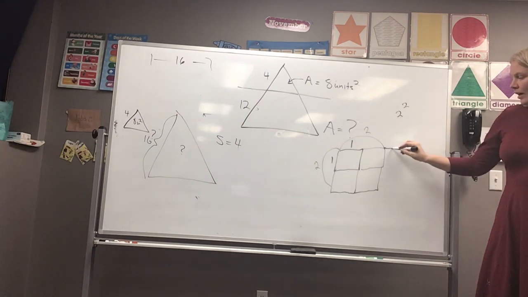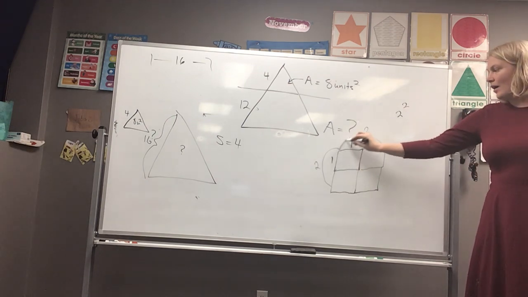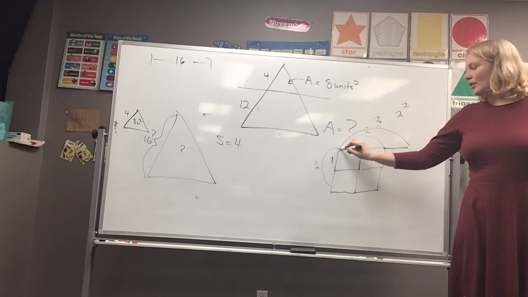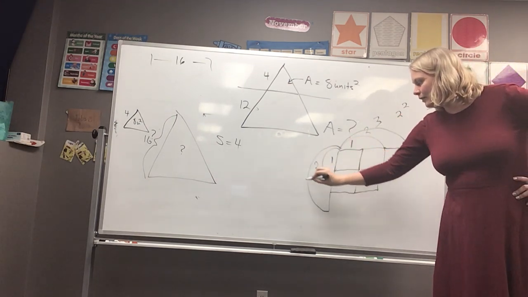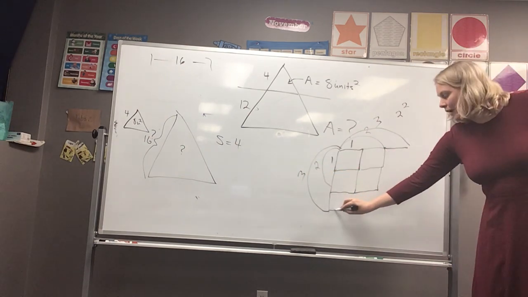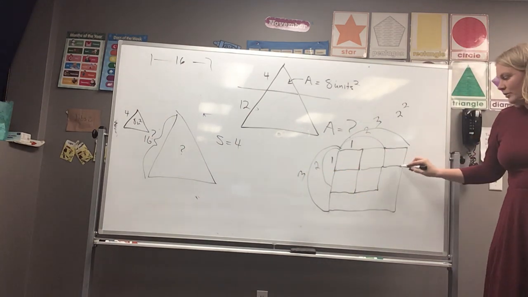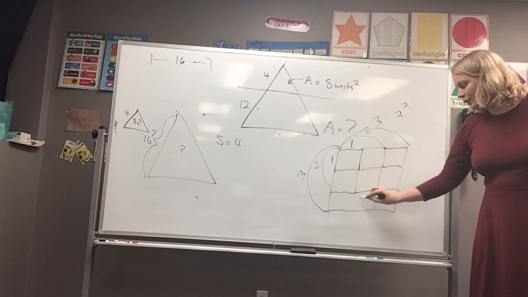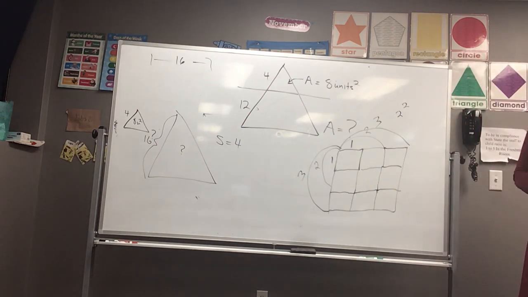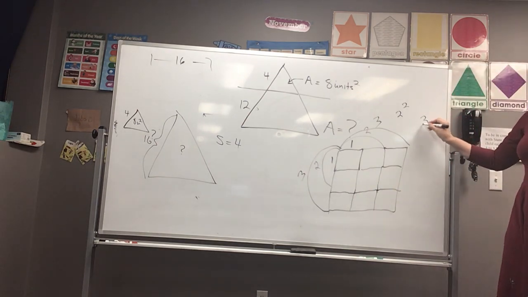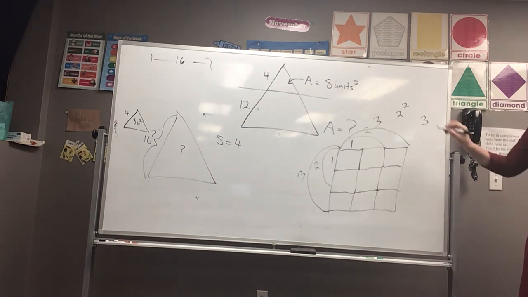If we triple our length, and it's now 3 units by 3 units, our area becomes 9 squares, or 9 times as big. And again, that comes from 3 being our scale factor squared.